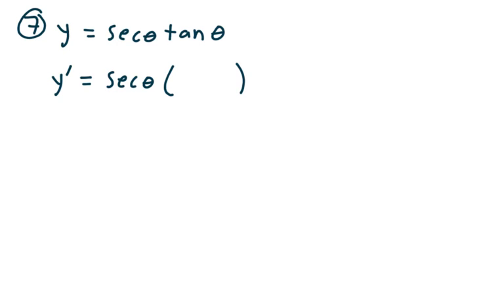I'm going to take the derivative of tangent theta with respect to theta, which is secant squared theta. And then I'm going to add tangent theta and then multiply by the derivative of the first function with respect to theta, which is equal to secant theta tangent theta.